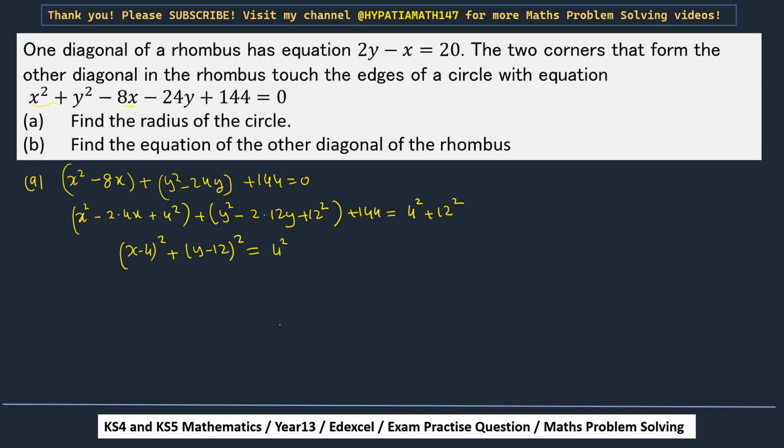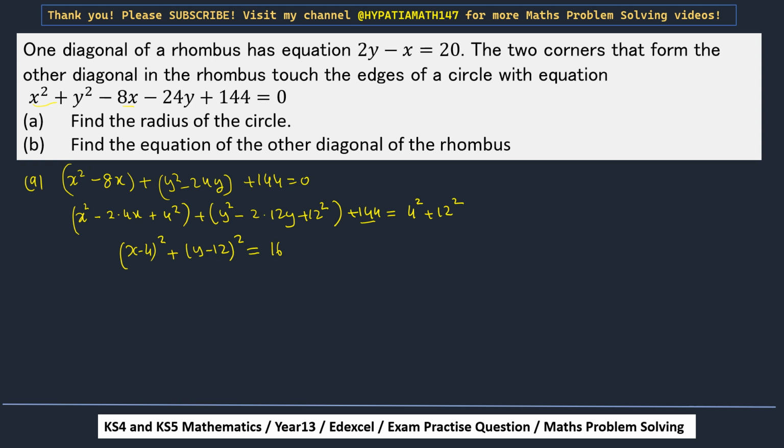Anyway, 4 squared is 16 plus 144, and this 144 goes to the right side, so minus 144. That's 0, so I can just remove them and write 16.